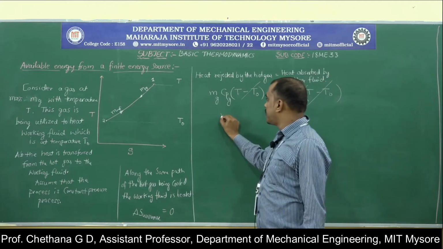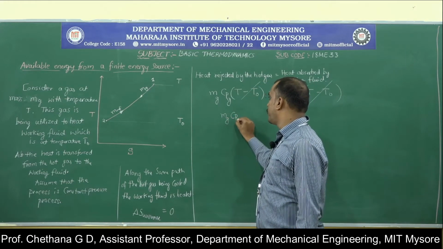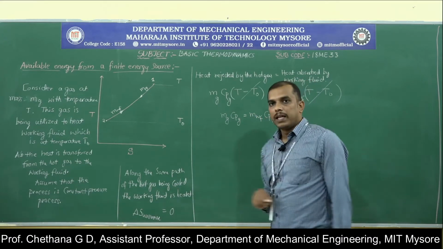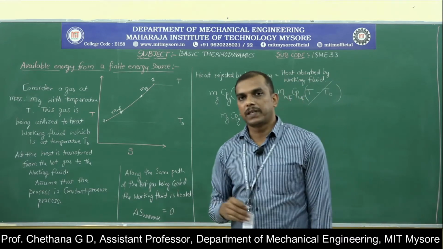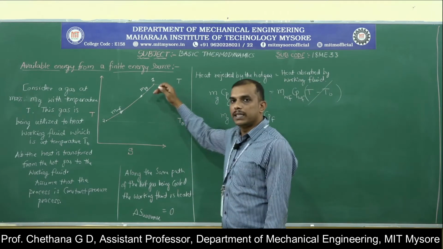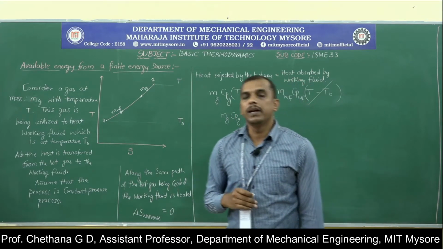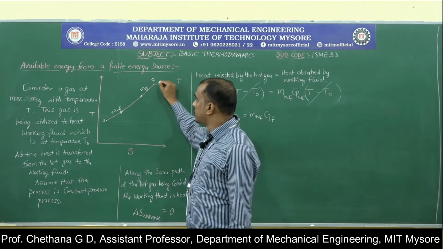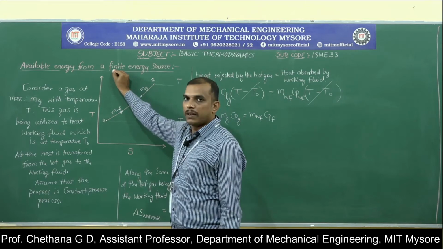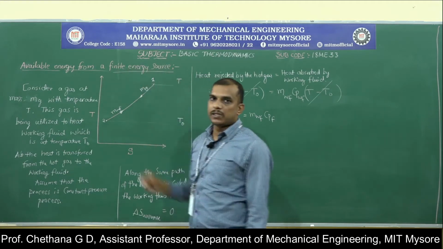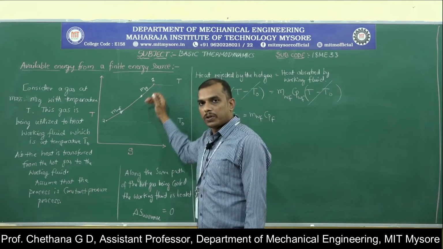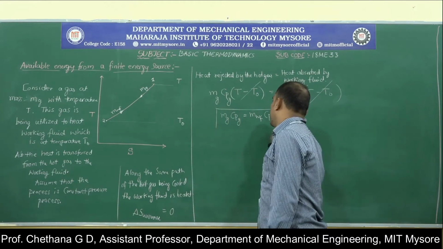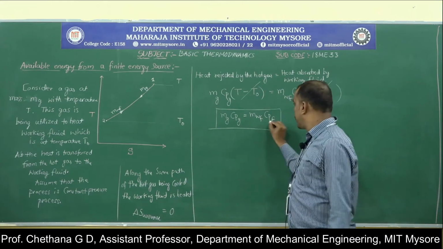In other words, mg Cpg will be equal to mwf Cpwf. That means the working fluid of the same specific heat capacity will be getting heated during this process. Then only you have a reversible heat transfer. You may ask why the temperature of the source is dropping. We are working with a finite energy source, so the temperature is going to drop.